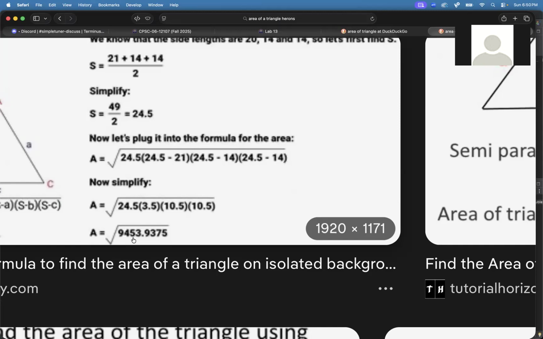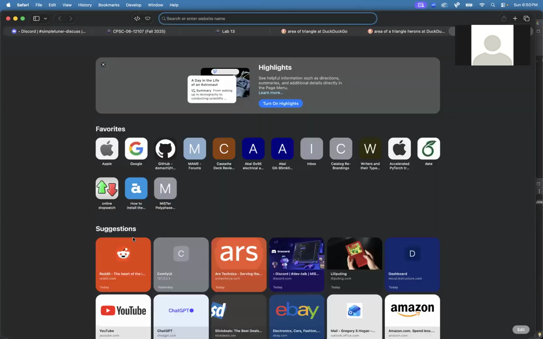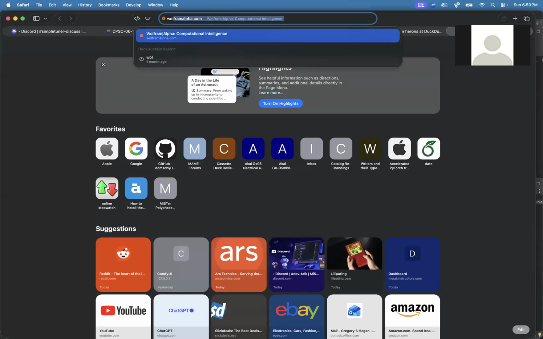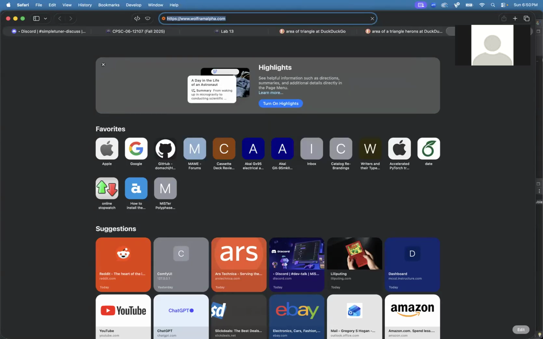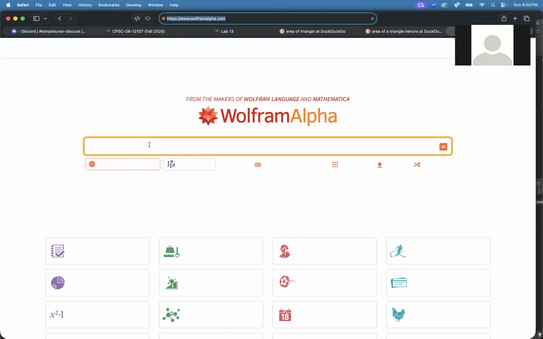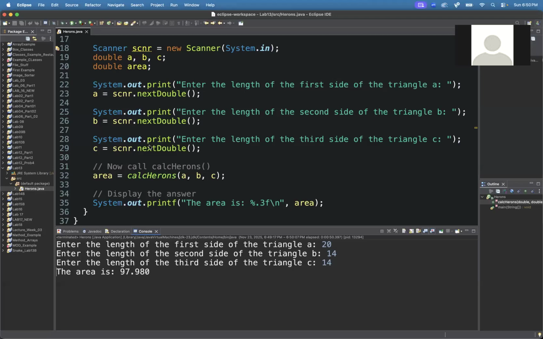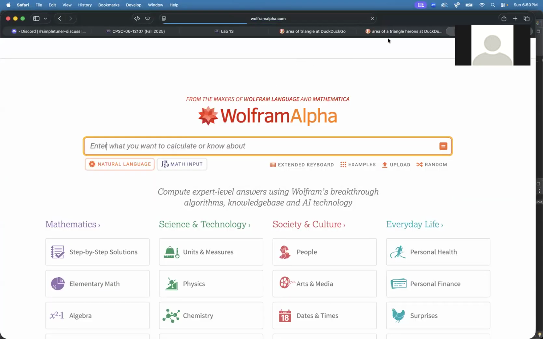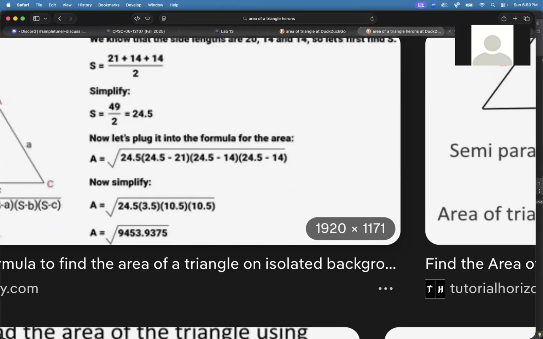I guess we could try it. Square root 9453.9. Don't know why it's doing that. 9453.9.